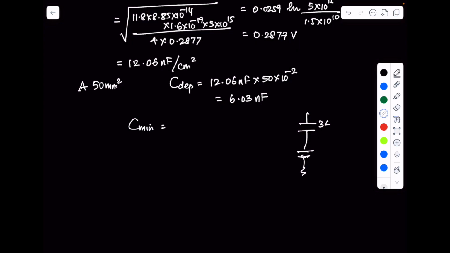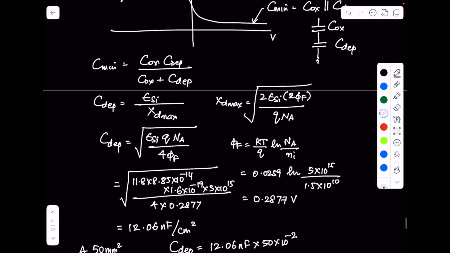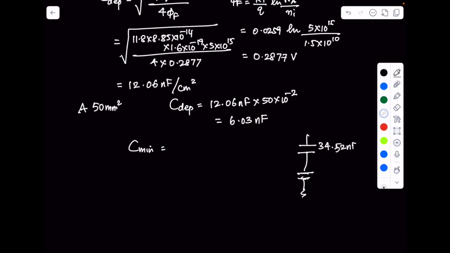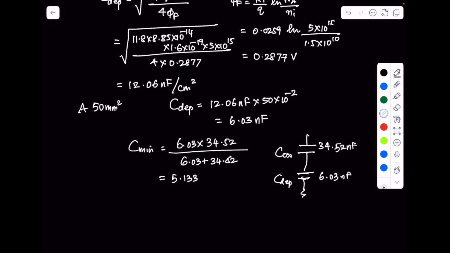I have 34.52 nanofarads, which is your Cox, and a C depletion of 6.03 nanofarad. And so if you have two capacitors connected in series, the smaller one is going to dominate. So therefore this is going to be 6.03 into 34.52 divided by 6.03 plus 34.52, which works out to 5.133 nanofarad. Right? So that is going to be the minimum capacitance that is going to appear in this system.